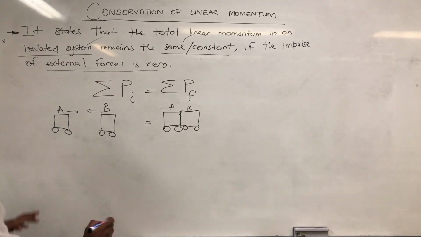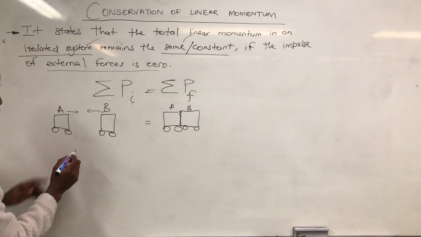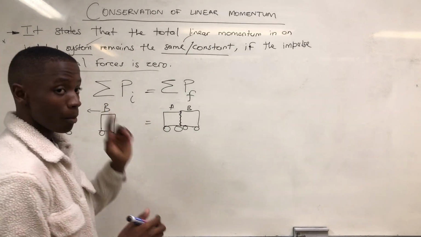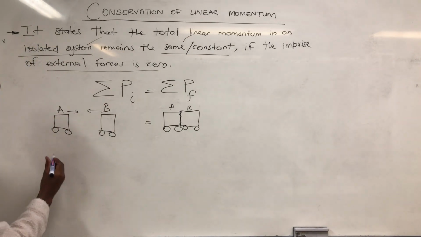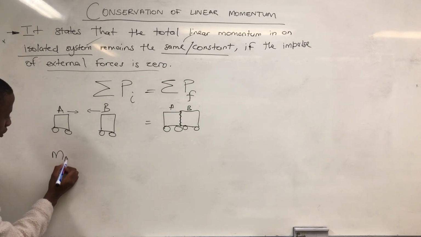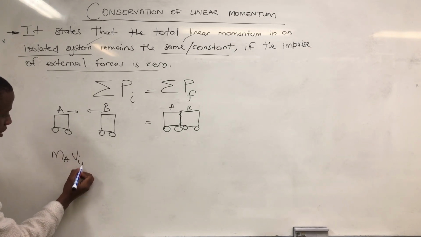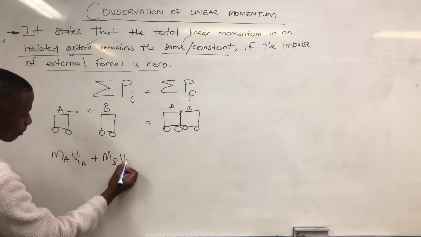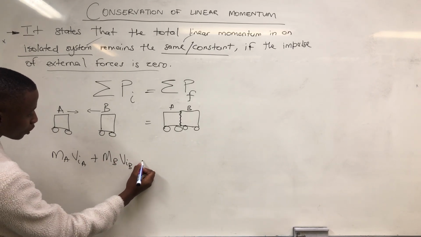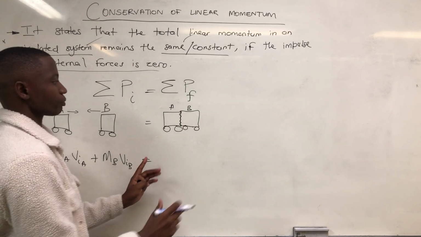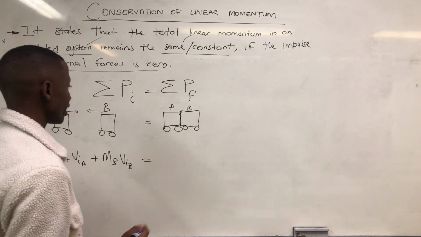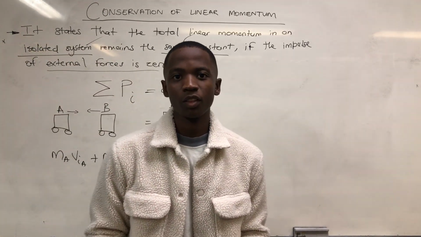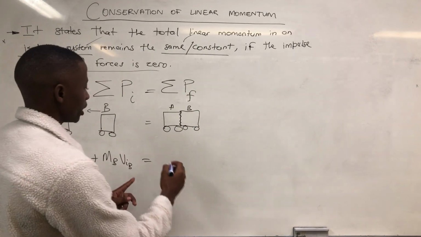So when calculating the sum of the initial momentum, we're going to have the mass of object A multiplied by its initial velocity plus the mass of object B multiplied by its initial velocity, which is going to be equal to, indeed we can express it in this form, but we have to make things very easy.